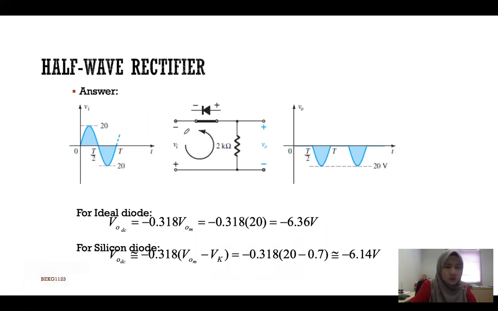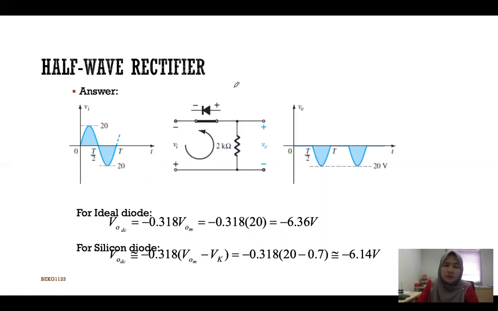The diode connection here is reverse bias. During the positive cycle, Vout equals 0, but during the negative cycle, Vout equals Vin, because of the reverse bias.